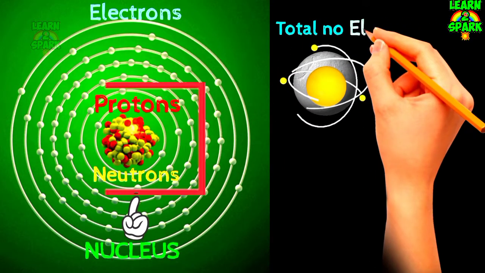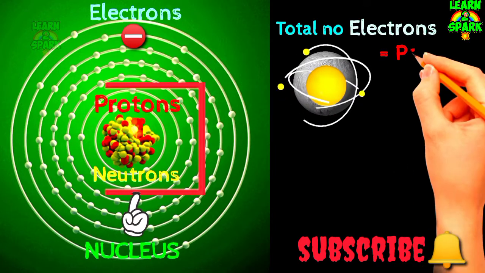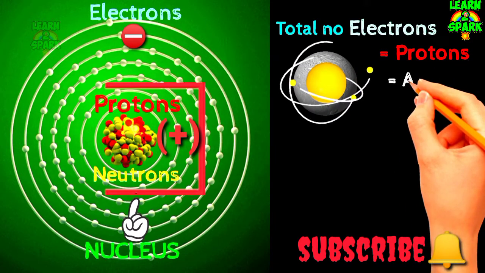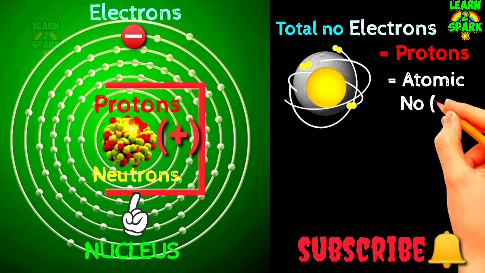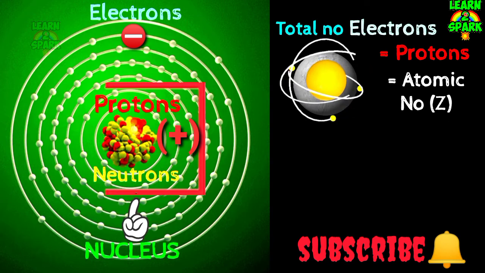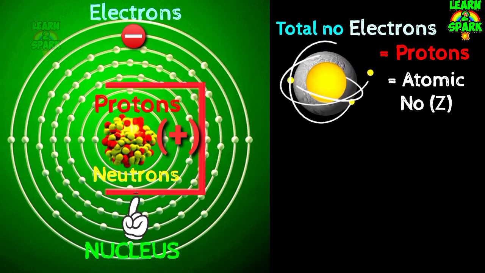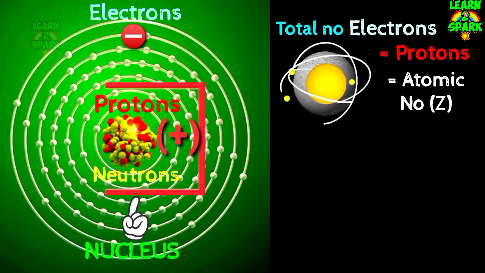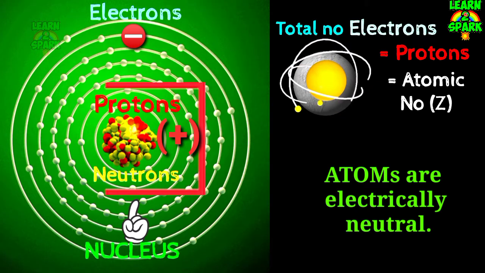Total number of negatively charged electrons in an atom is equal to the total number of positively charged protons, which is equal to the atomic number denoted by Z. As the total negative charge of the electrons is equal to the protons' positive charge, atoms are electrically neutral in nature.